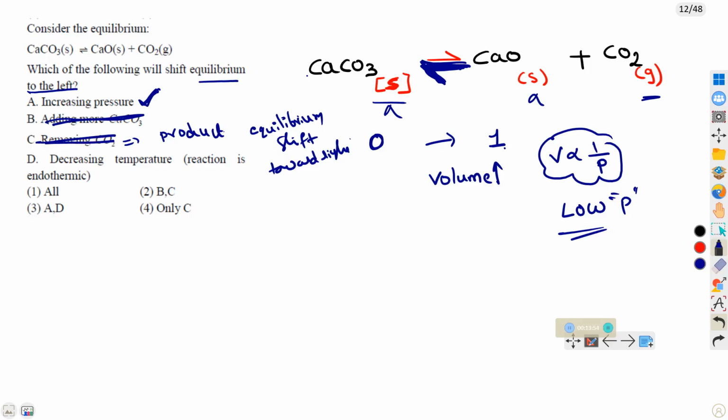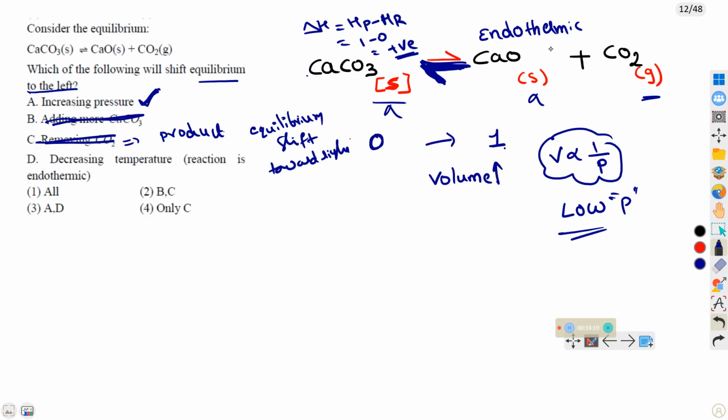Decreasing temperature. This is an endothermic reaction. Delta H is equal to HP minus HR. Gaseous products 1, gaseous reactants 0. You will get a positive value. It is an endothermic reaction.